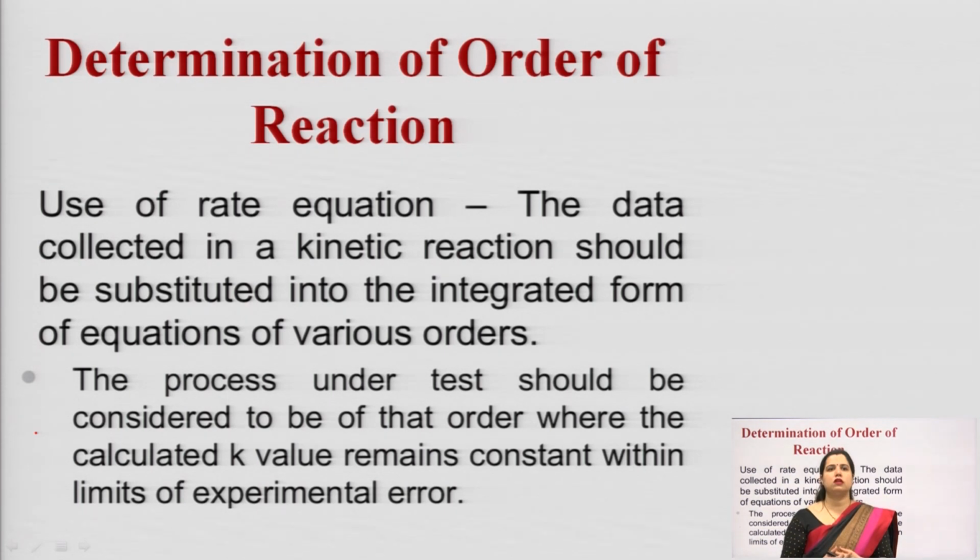The process under test should be considered to be of that order where the calculated k, the rate constant, remains constant within limits of experimental error. So, while identifying the order of reaction, we keep k as a constant value to minimize experimental errors.